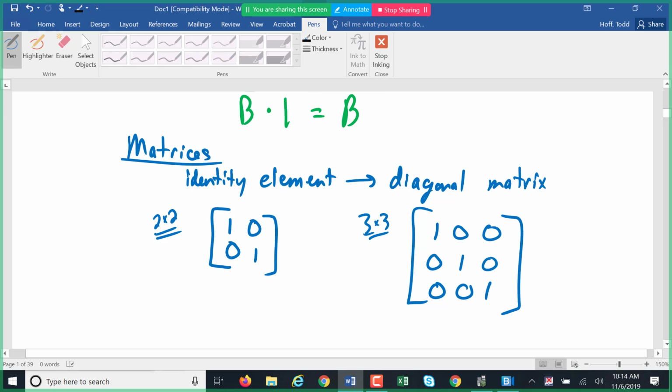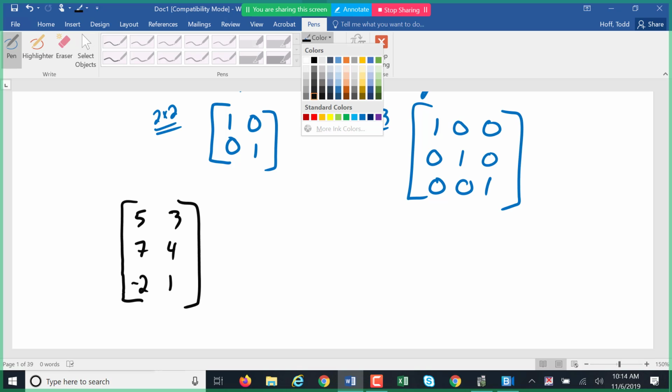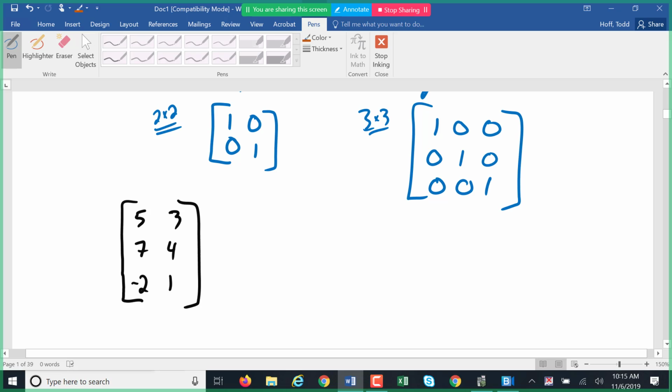If I multiply a matrix, any matrix, by an identity element, I will get back the matrix I started with. For example, let's take 5, 3, 7, 4, negative 2, 1. First thing I need to decide is what size identity matrix I need, or what size diagonal matrix I need.